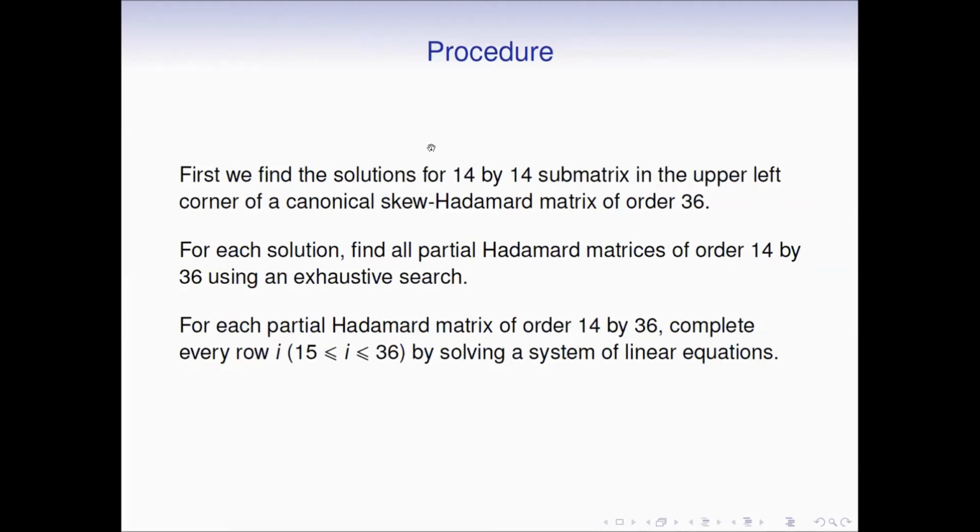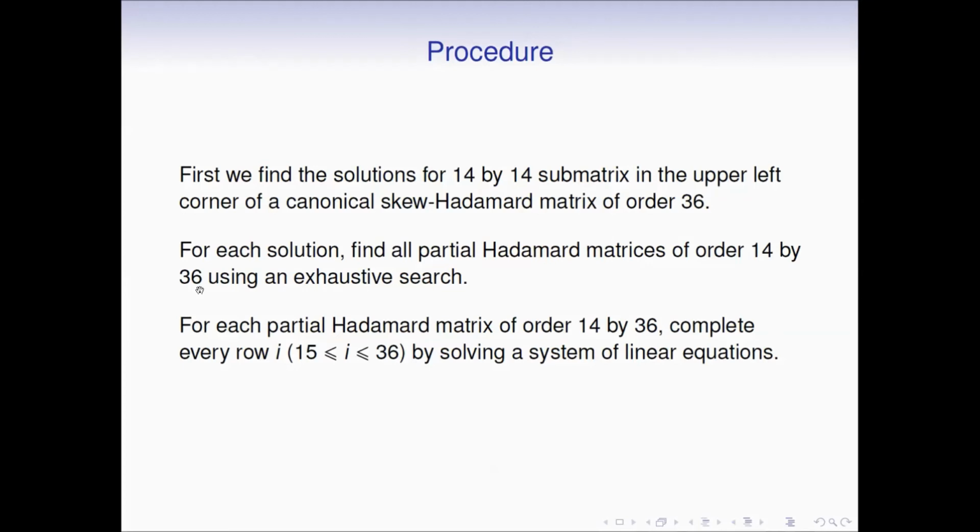And here is the procedure to do that. First, we find the solutions for 14 by 14 submatrices placed in the upper left corner of a canonical Skew-Hadamard matrix of order 36. For each one of these solutions, we extend it to a partial Hadamard matrix of order 14 by 36.